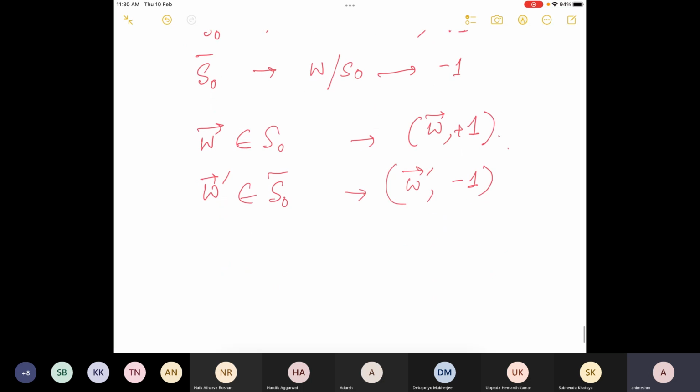So in this way, you obtain a training set of those which are belonging to S0 and those which are outside S0. Those which are belonging to S0 are plus 1 labels, those which are outside S0 are minus 1 labels. And the embeddings of these words are directly features. Now, using this, you train an SVM. They trained an SVM, you can train any binary classifier as such.